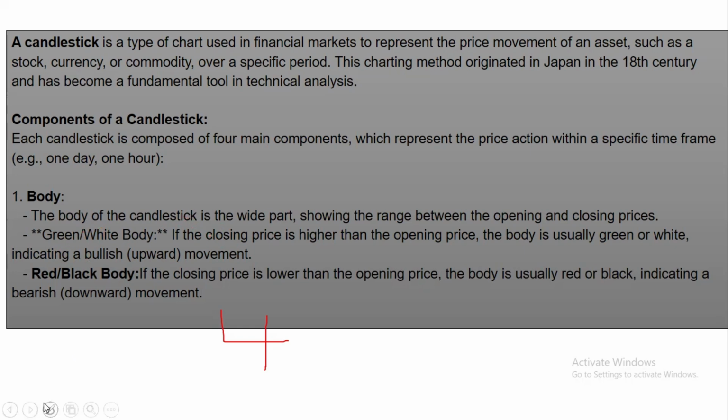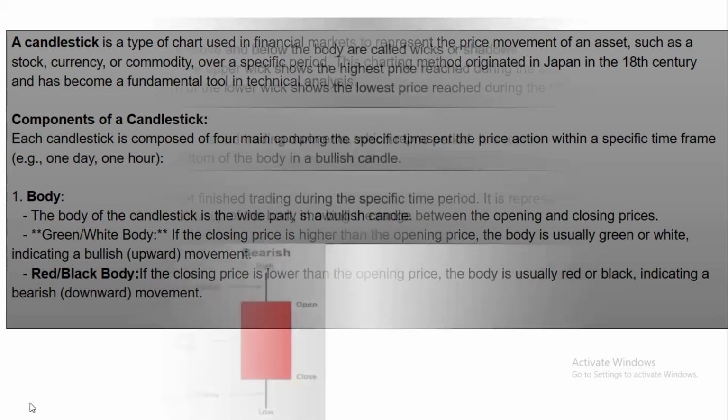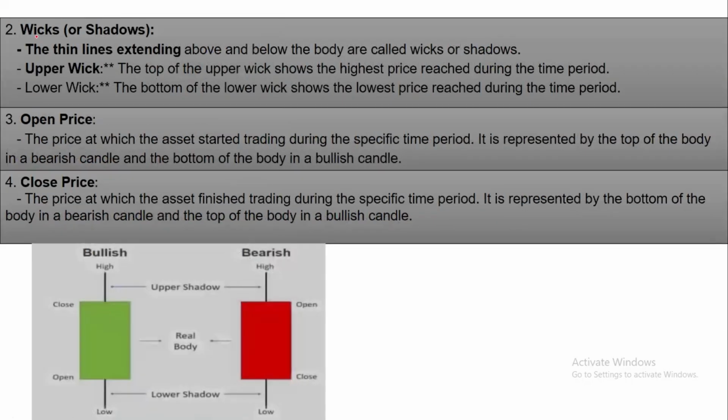The other component of candlesticks we have is the wick. The wick is like a tiny line, as seen in this example. It can also be referred to as the shadow, right?